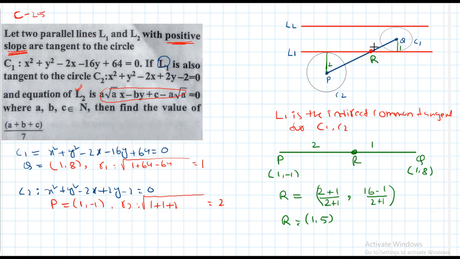Now I got a point on L1. If you know its slope, I can find its equation. The slope is not given, but it is given that it is a positive slope. Let the slope of L1 be m. Now slope is there, point is there, you can find the equation of the line.